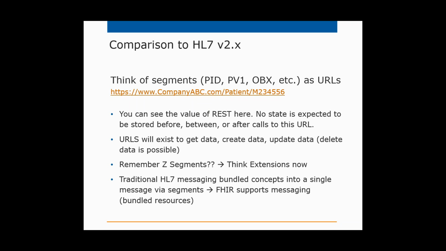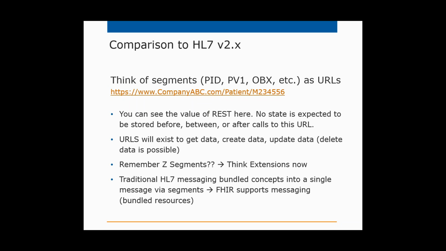And then Z segments. We've all seen maybe an overuse of Z segments, but Z segments were needed many times for vendor-to-vendor connectivity. We needed to communicate different concepts, things that weren't exactly in the standard yet, or they were, but we didn't have the ability to pull in the different message sets, and so people would fall back to a Z segment approach.